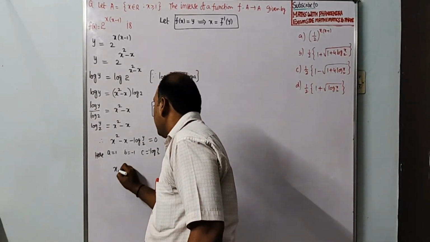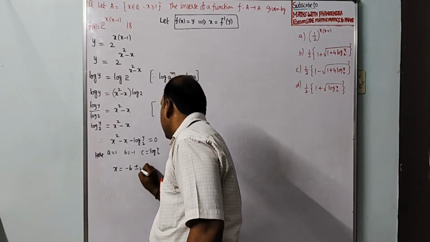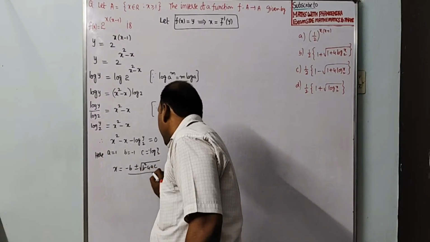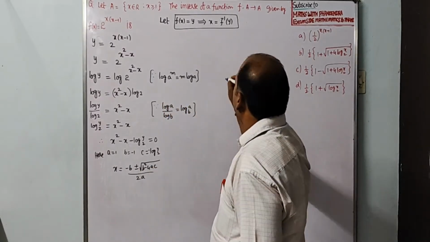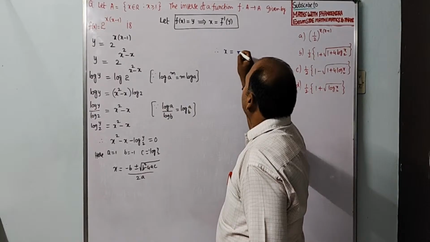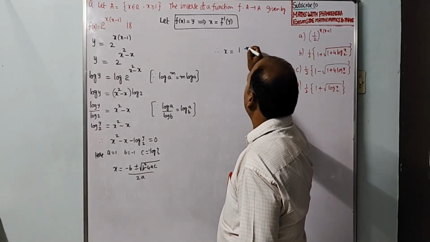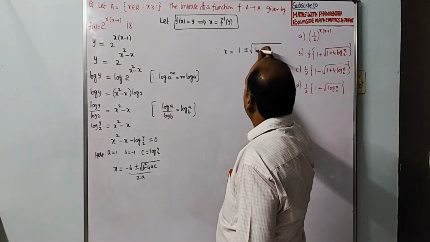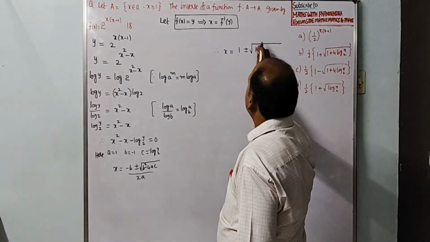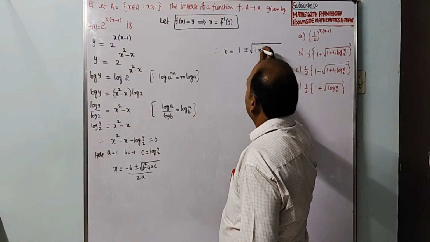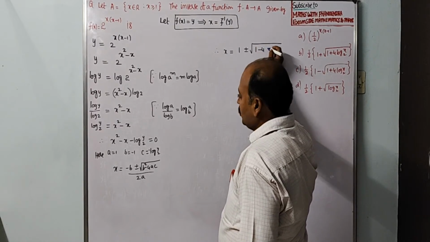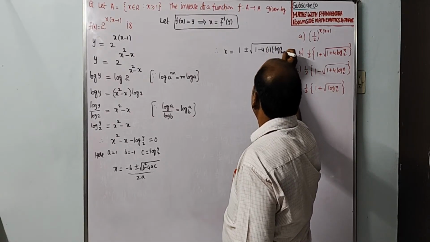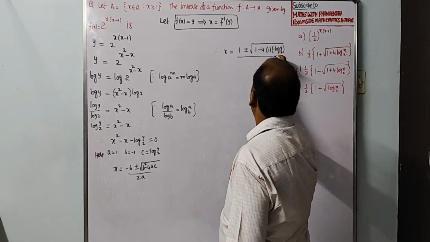So x equal to minus b plus or minus root over b square minus 4ac by 2a. So the value of x I am writing here. X equal to minus b means minus of minus 1, plus or minus root over b square, that is minus 1 whole square, plus 1 minus 4 into 1 into c value, minus log y to the base 2, okay students, divided by 2a.